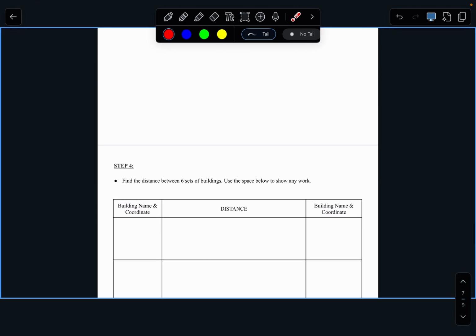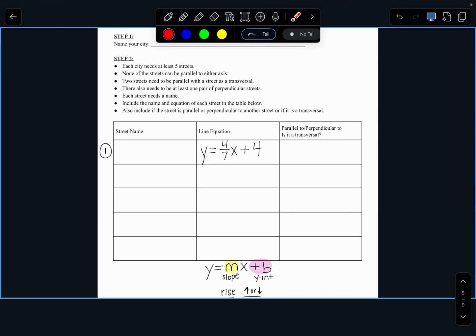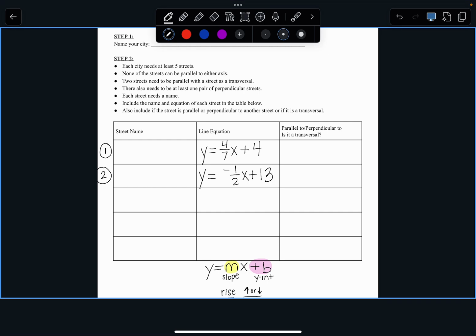So going back to my first page, my second equation was y equals negative 1/2 x plus 13. As a reminder, this piece here was your slope, and this was where it started on your y-axis.